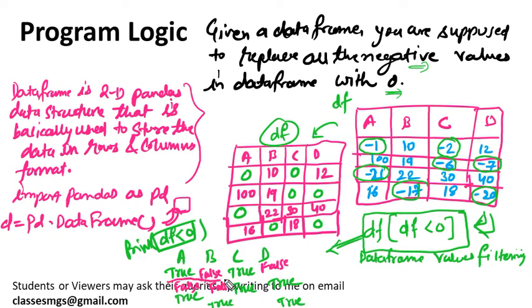So this is the first row. Actually due to space problem it looks this way, and this will be false, and here it will be false.